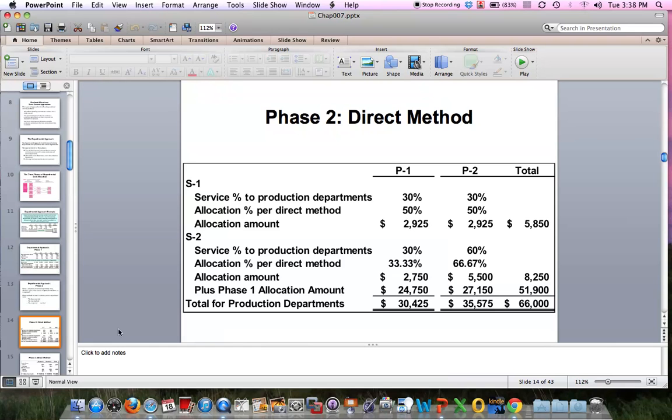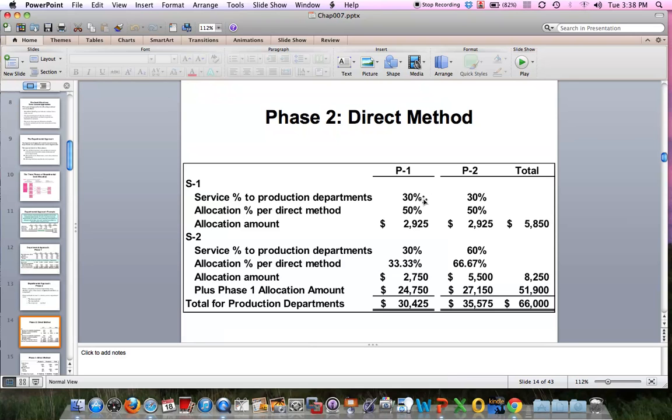And this 30 and 30 right here for P1 and P2. You see S1 here, then P1 and P2. And if you look at the bottom of 228, you can see that Service 1 gives 30% of its cost to Production 1 and 30% to Production 2. That's where these came from. So think of it this way: 30 plus 30 is 60.